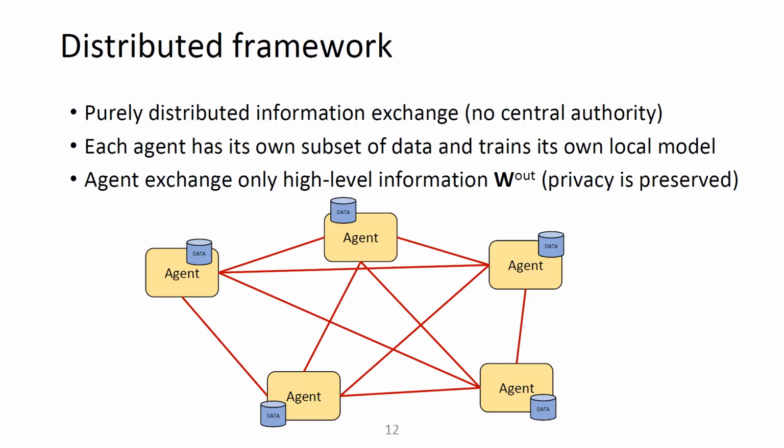As the title says, we focus attention on the distributed case where a set of agents is scattered in the network. So they have their own computation and communication capabilities. They have their own local subset taken from a full data set that is spread over the network. In our application, we consider these subsets being sampled independently without replacement from the full data set.